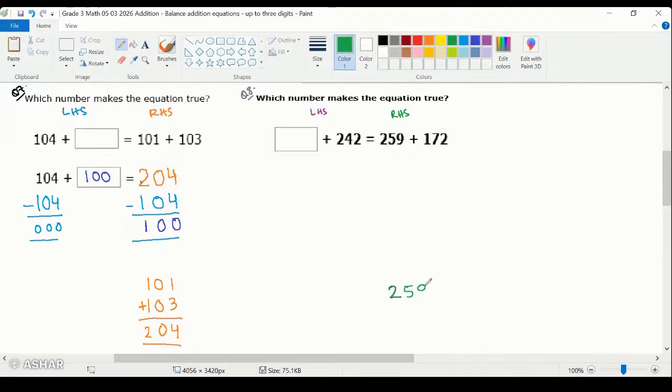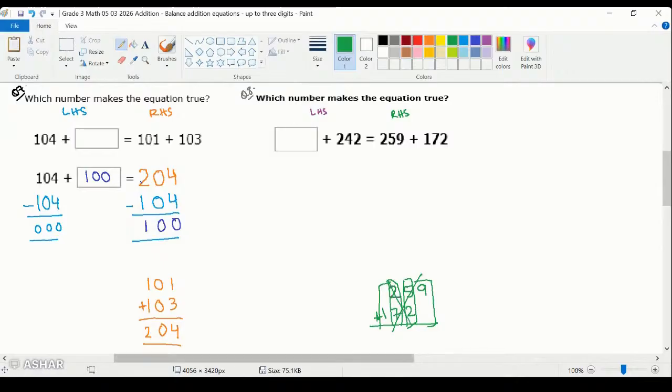259 plus 172. Can I write this way? This number under this, this, this, and this. We cannot write it this way. Why?